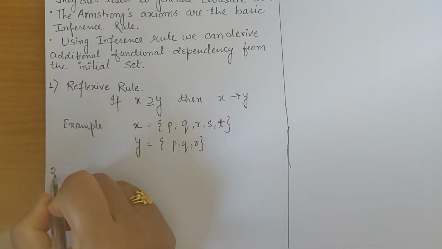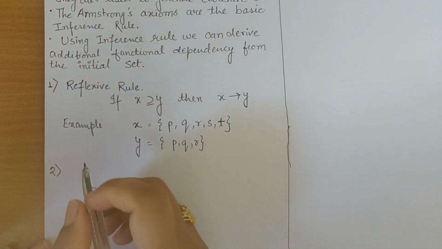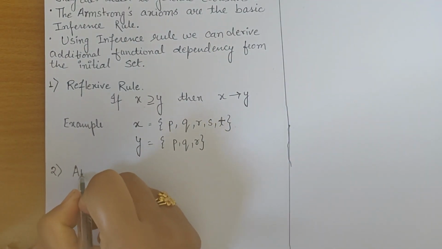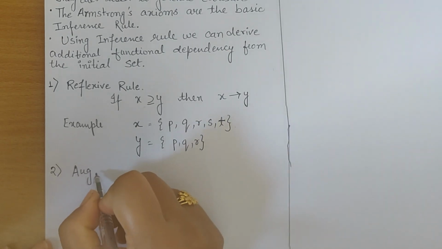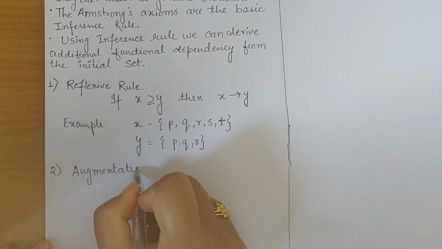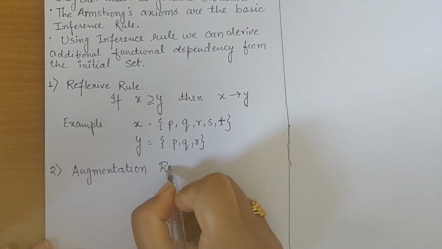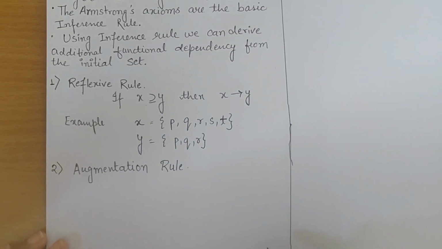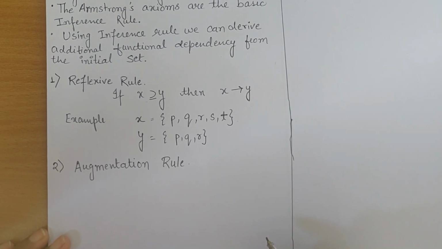Now, the second primary rule is the augmentation rule. It is also known as partial dependency.